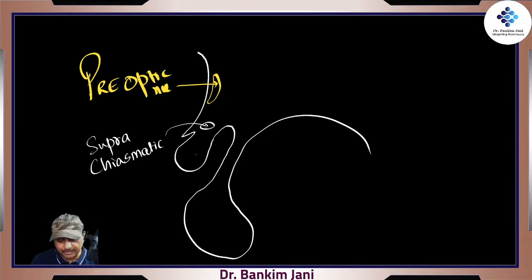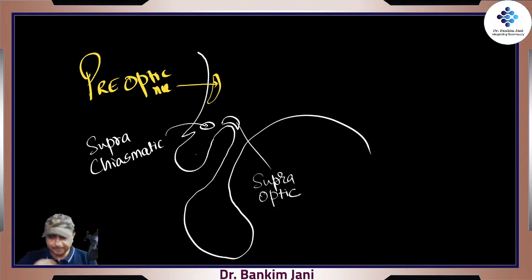Then over here, this one is called the supraoptic, because all our optical devices are over there. The supraoptic is a part of the anterior zone. Over here, there'll be one nucleus, very aptly called the anterior hypothalamic nucleus.